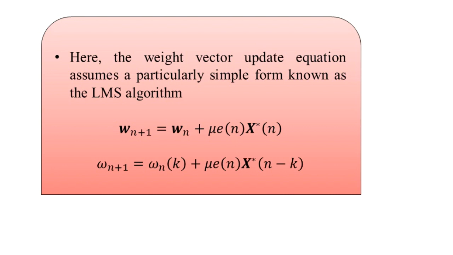The simplicity of the algorithm comes from the fact that the update for the kth coefficient, represented here as W suffix n plus 1 of k on the left hand side, given by W suffix n of k added to mu multiplied by e of n into the complex conjugate of x of n minus k, requires only one multiplication and only one addition.